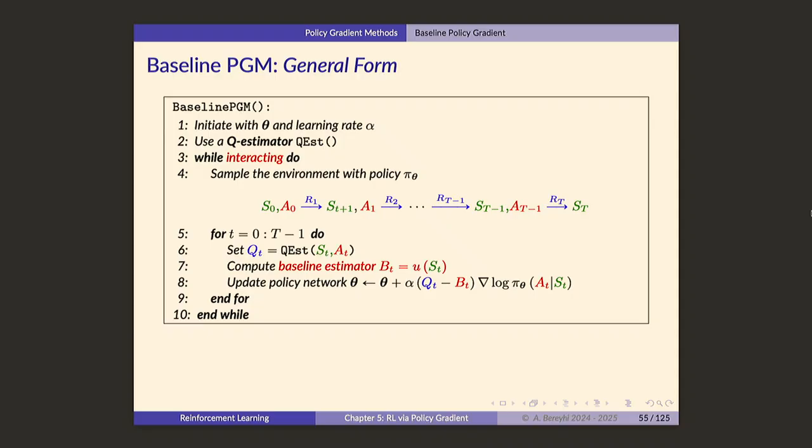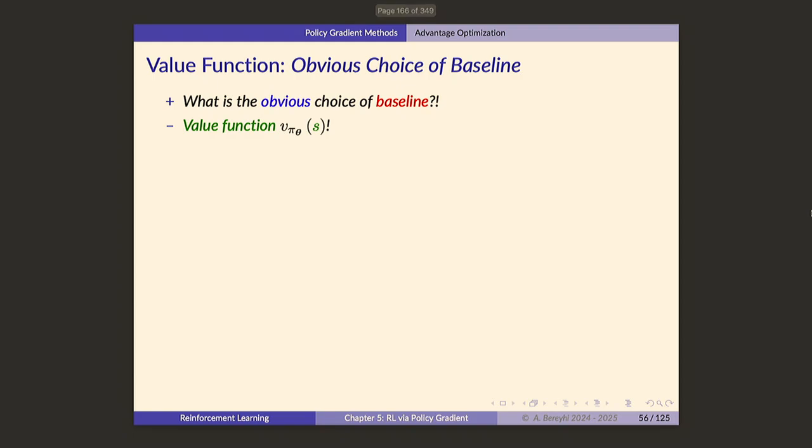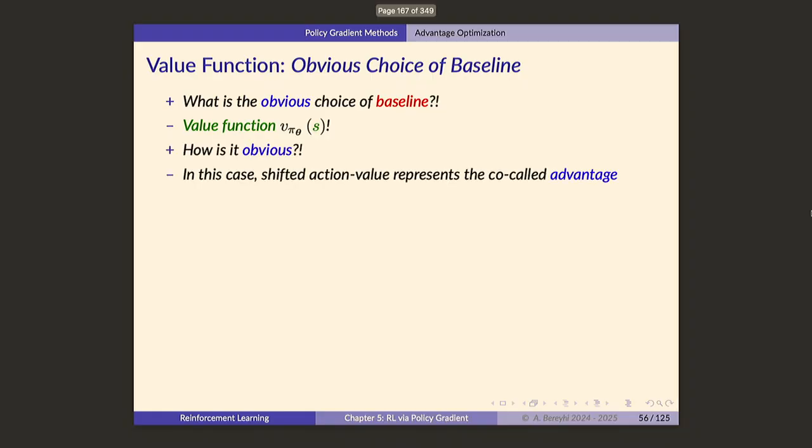The value, great, right? Because value is the average action value. And then you want to know how your action value is different from its average, so you concentrate around its own value. That is what we call the baseline. So the obvious choice is the value. You might say, why is this obvious?